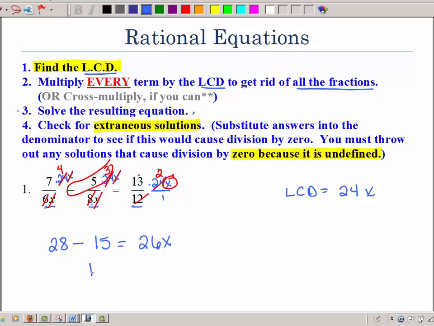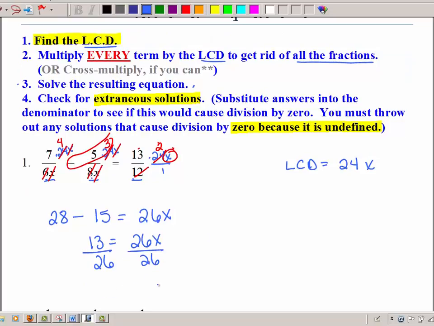28 minus 15 is 13. We would divide both sides by 26, very basic algebra, and we would get x equals, not 2, 13 is smaller than 26, it's 1/2. Then we have to check for extraneous solutions. So what would cause this denominator to be 0?